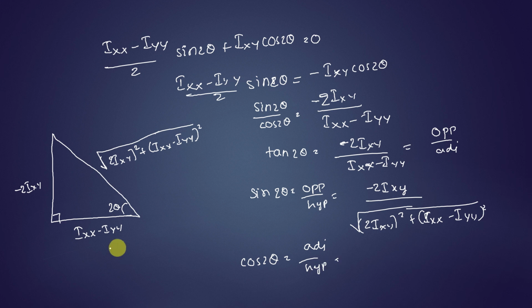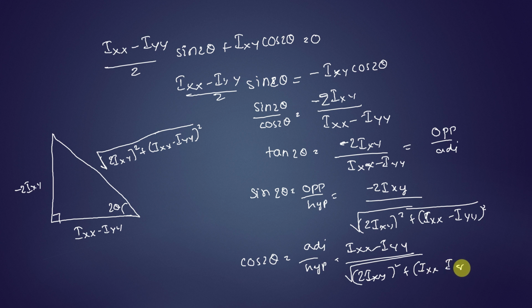What is adjacent side here? Ixx minus Iyy by root over 2Ixy whole square plus Ixx minus Iyy whole square. You got the values of sine 2 theta and cos 2 theta without having theta here.